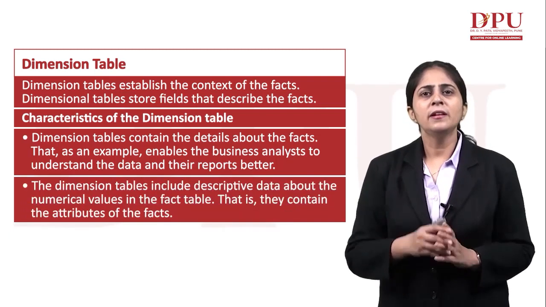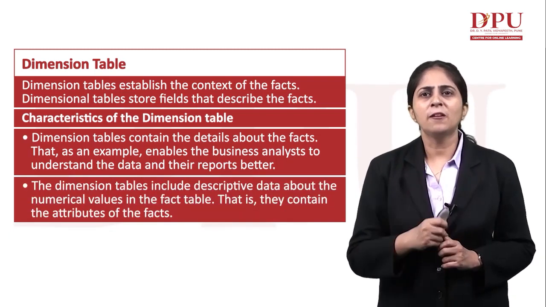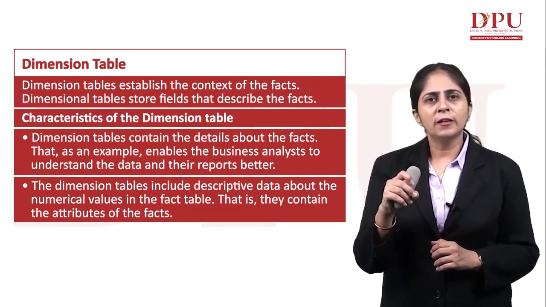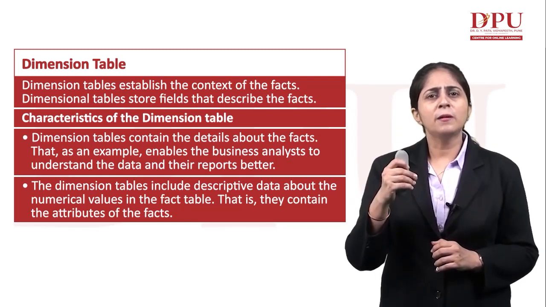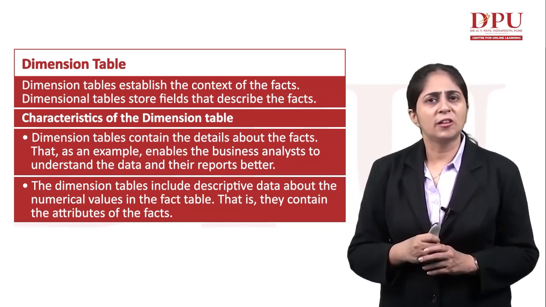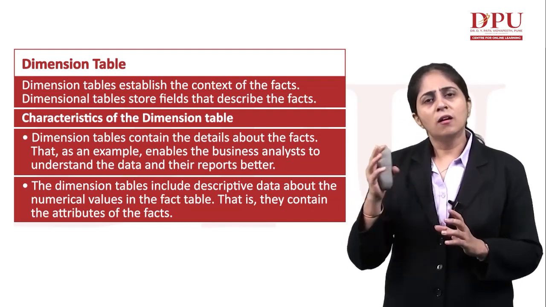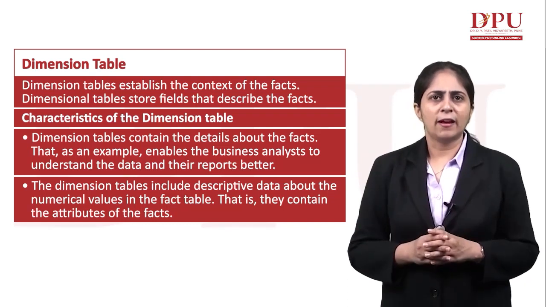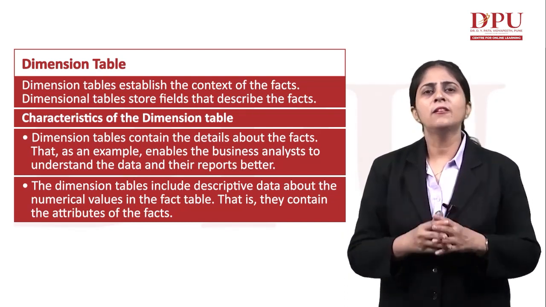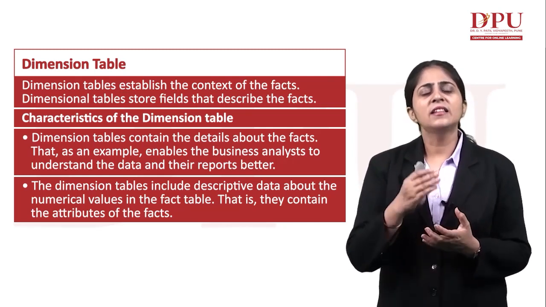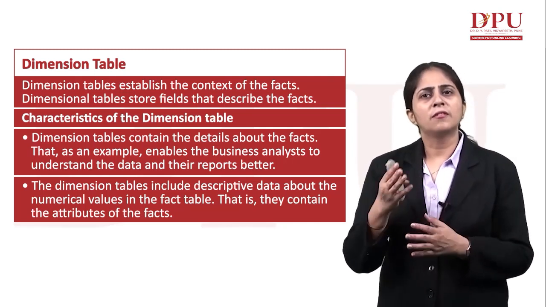The dimension table will include the descriptive data about the numerical value. If we have a certain numerical value in the fact table, the dimension table will represent a description related to it. That is, we can say they contain the attributes of the facts.